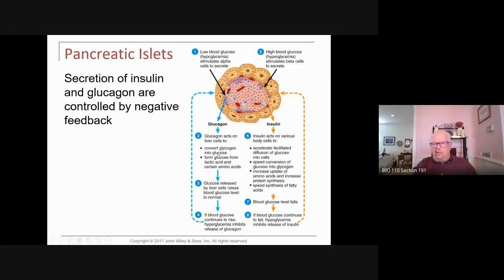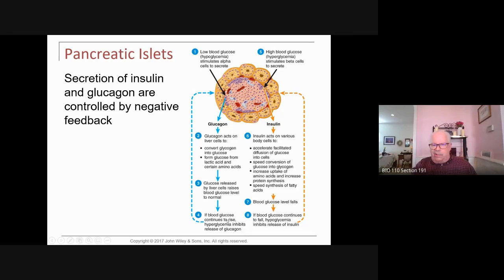Converting glycogen to glucose is called glycogenolysis. Converting glucose from lactic acids and amino acids is called gluconeogenesis. Both of these functions produce more glucose to raise your glucose levels.